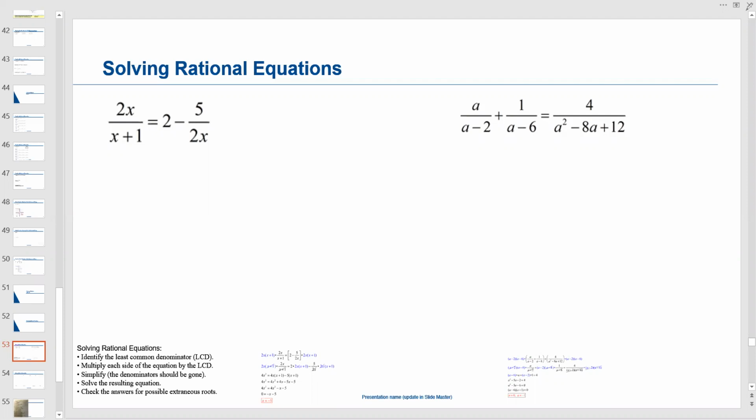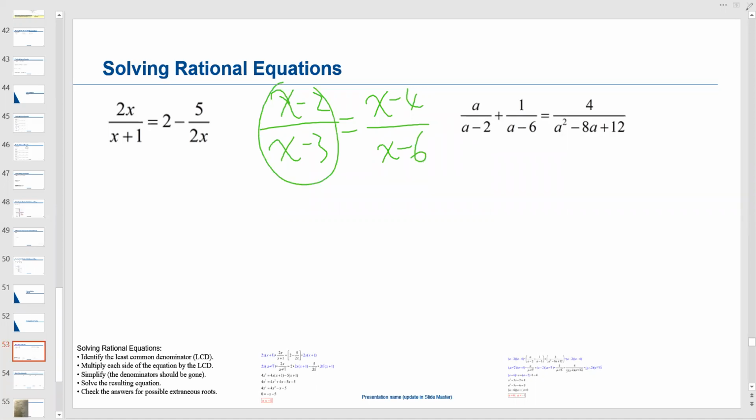Earlier we said rational equations, most of the time we are close to proportional. Something like x minus 2 over x minus 3 equals x minus 4 divided by x minus 6. And this is called a proportion, right? Left part, right part, they both are rational expressions. So that would be easy.